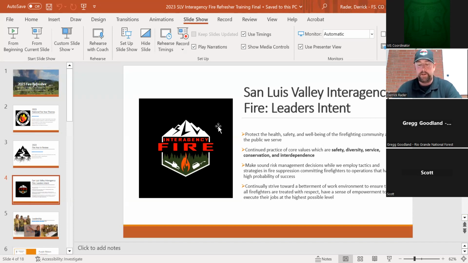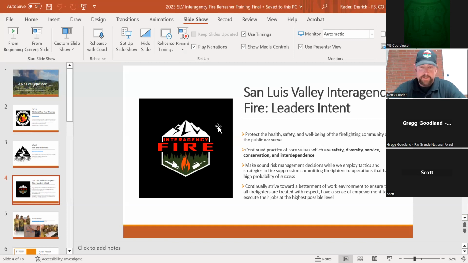So we only want to put firefighters in where we know they're going to be successful, but we're always going to be responding at some level, whether it's aggressive monitoring, watching the fire, or engaging in full suppression or any other strategies. We're going to be fully engaged with that.